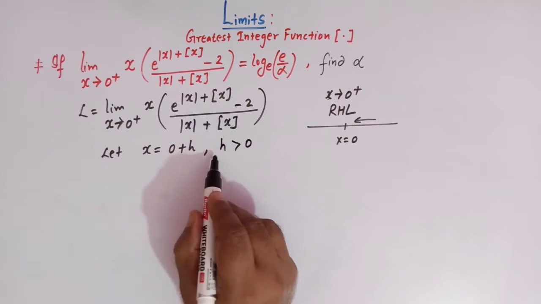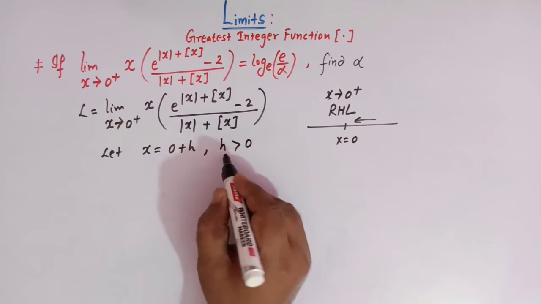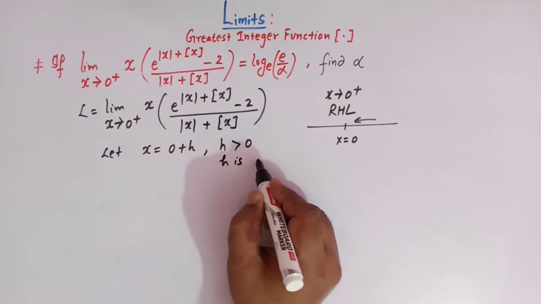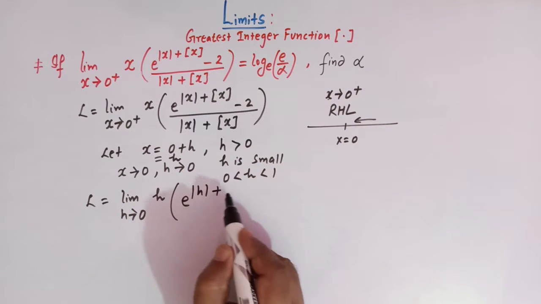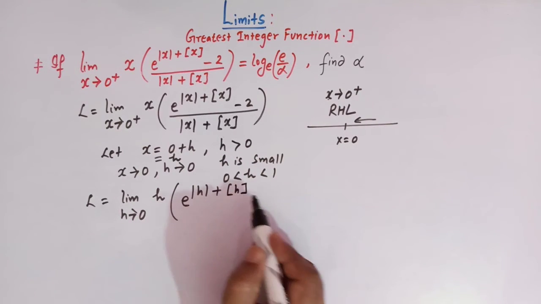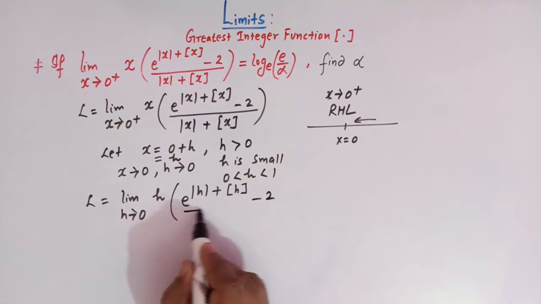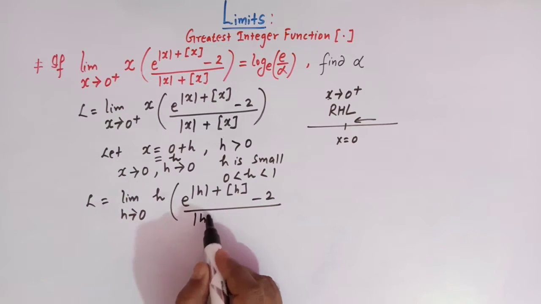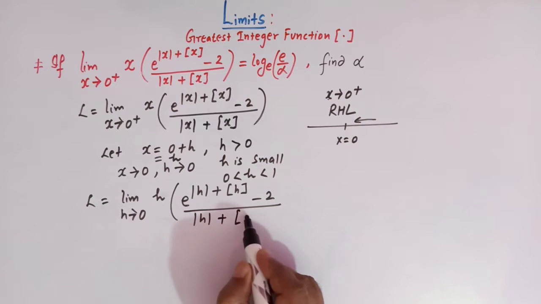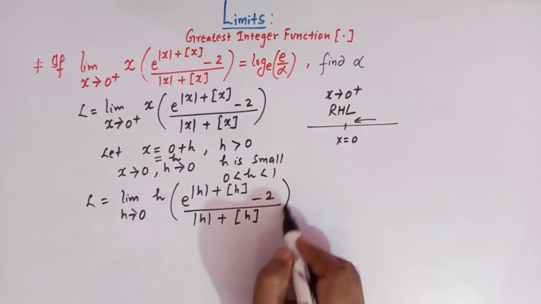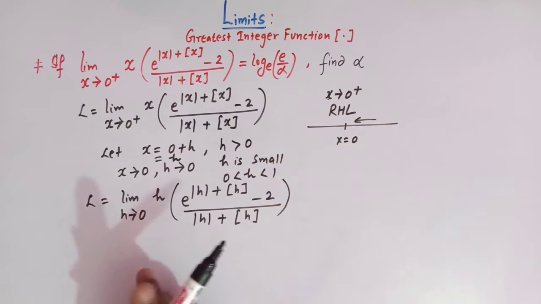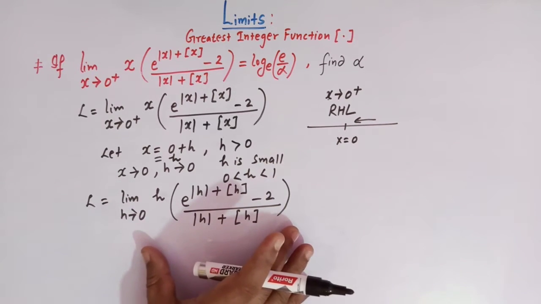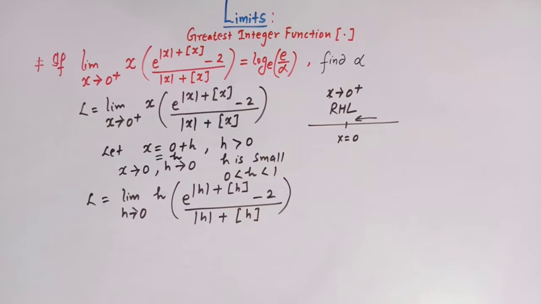It implies h is a positive quantity and h is very small. So we have h times e raised to mod of h plus greatest integer of h, minus 2, divided by mod of h plus greatest integer of h. In terms of h, when h tends to 0, the limit is given by this expression.